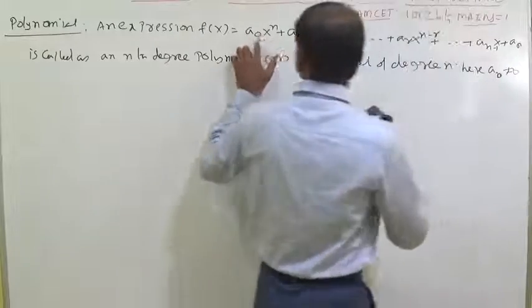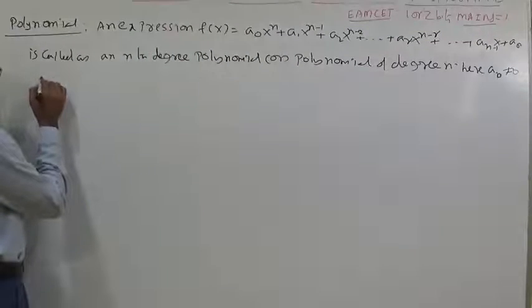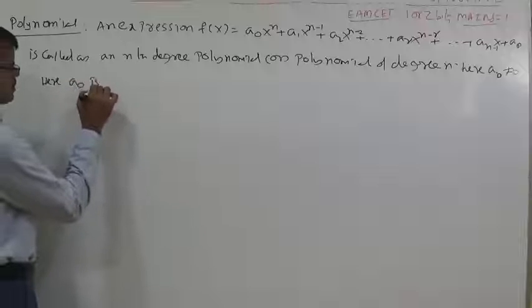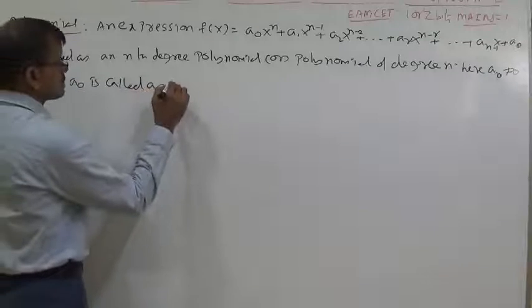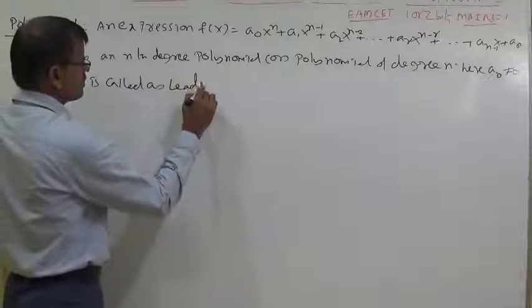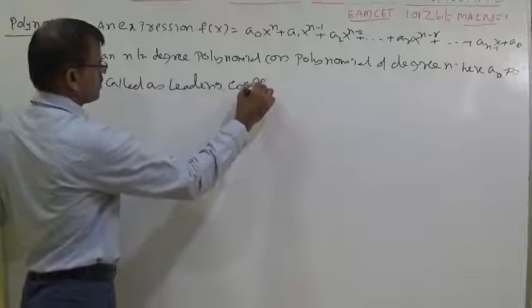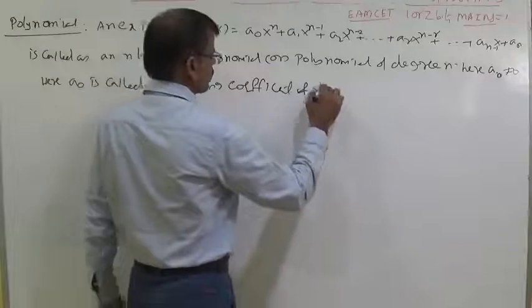Whatever the coefficient of x power n is, it is a0. Here a0 is called the leading coefficient, the coefficient of x power n.